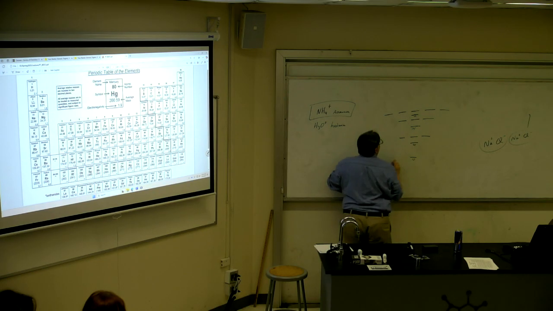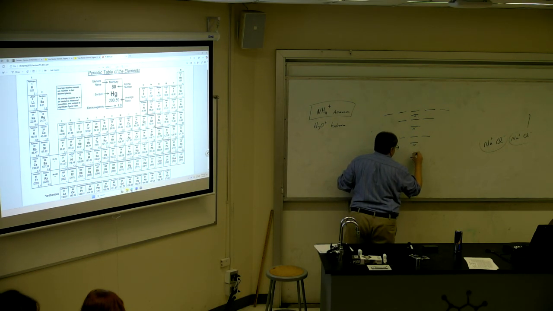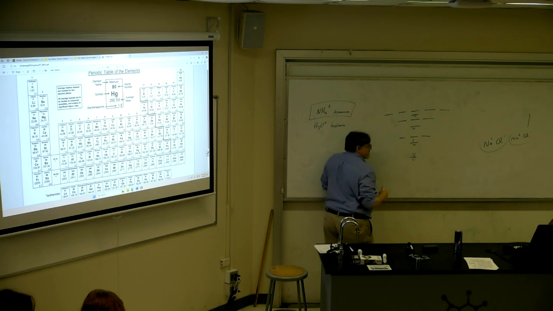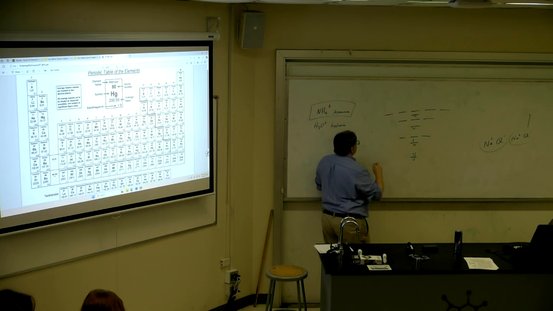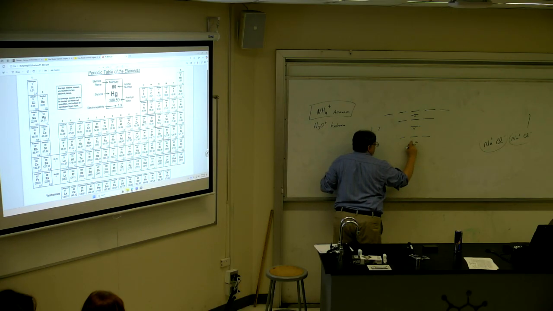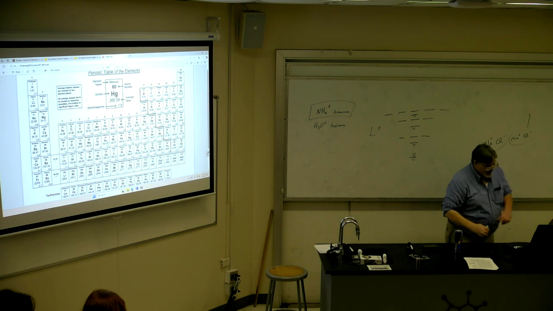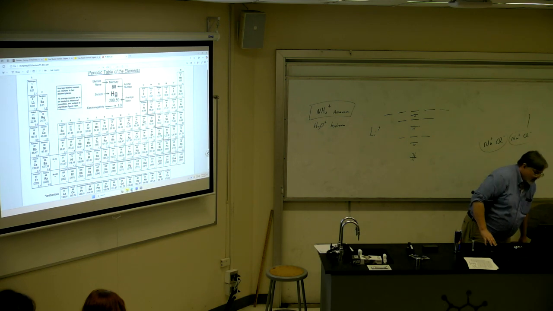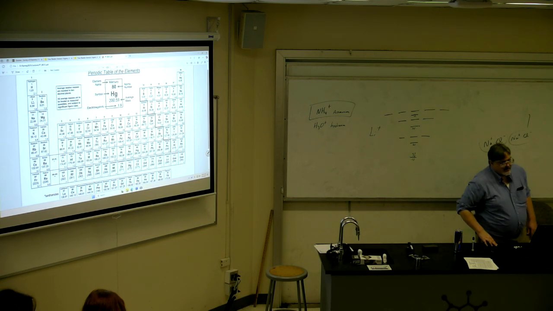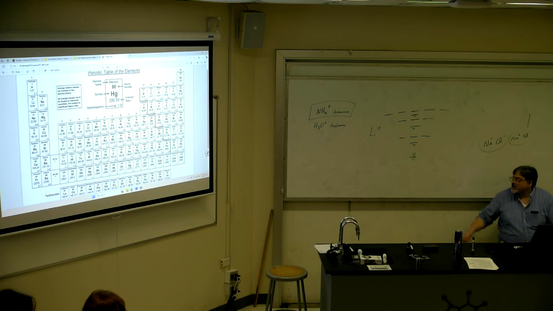And if I did the electron configuration, 1s2, 2s1. The 4s shows up right here. Lithium has 3 though. 1, 2, 3.